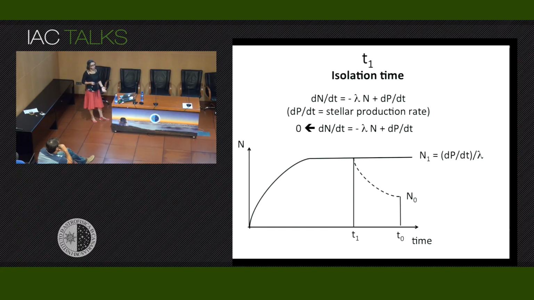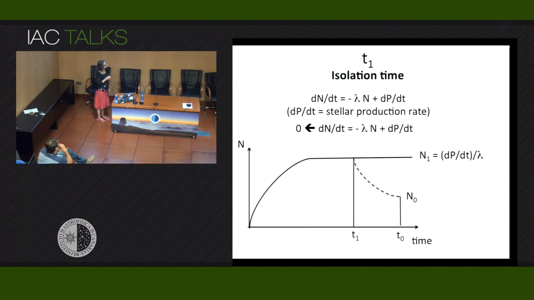To derive this, we have to analyze how the abundance of these radioactive nuclei changes in the galaxy. This is actually quite easy, because the rate of change in the galaxy of these nuclei will be due to a term that destroys them, because of course they keep on decaying, but also stars produce them.